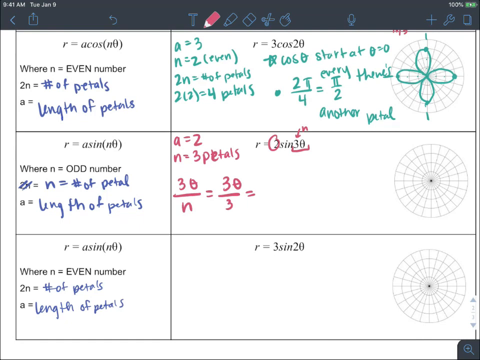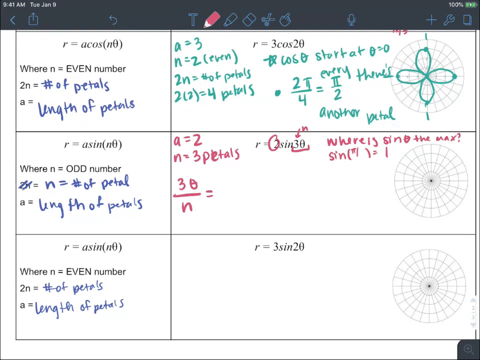Okay, so I need to think about where is sine theta the greatest? Where is sine theta the max? Okay, so that's when sine is equal to 1. So when is sine equal to 1? Oh, at pi over 2.